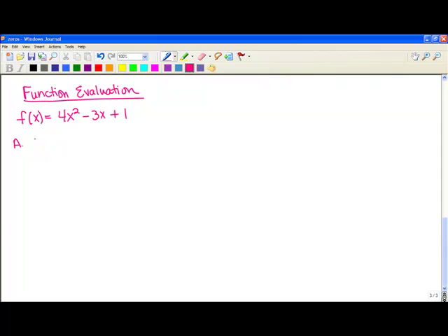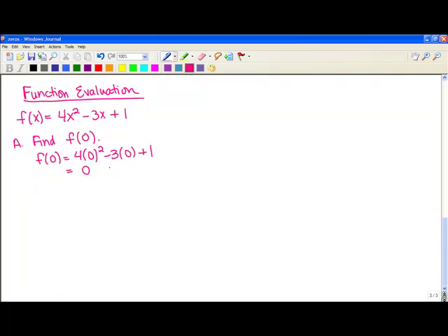And on part A, we need to find f of 0. Now you see that 0 is where x is up here in the function name. So to find f of 0, we'll take the number 0 and plug it in for x. So when we plug it in for x, we have 4 times 0 squared minus 3 times 0 plus 1.